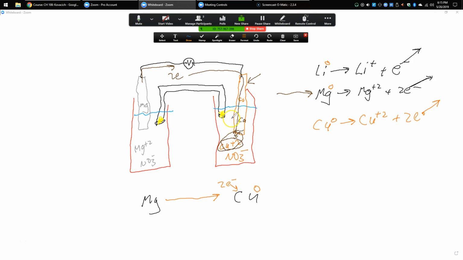Okay, so what's this thing in the middle for? It's called a salt bridge, but it has a really important function. It carries ions? Yes. That's what the picture in the book says. Yep. So when this magnesium gives 2 electrons and they go this direction, what happens to the charge of this entire container?